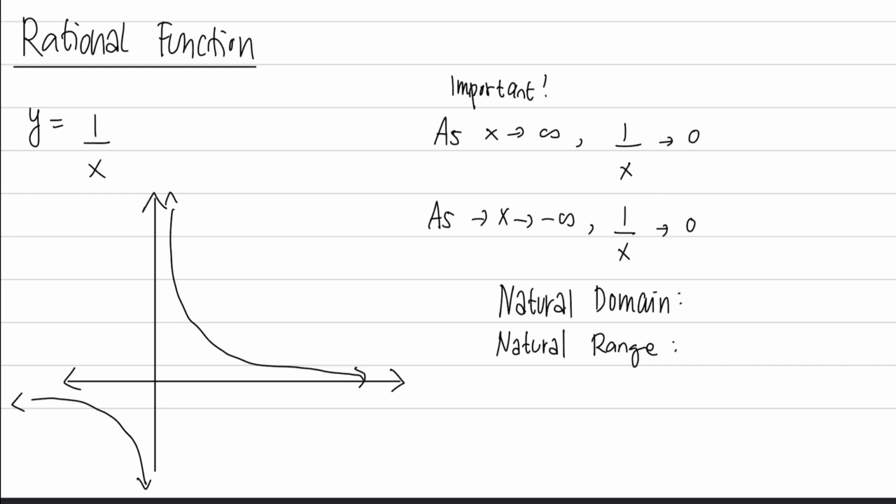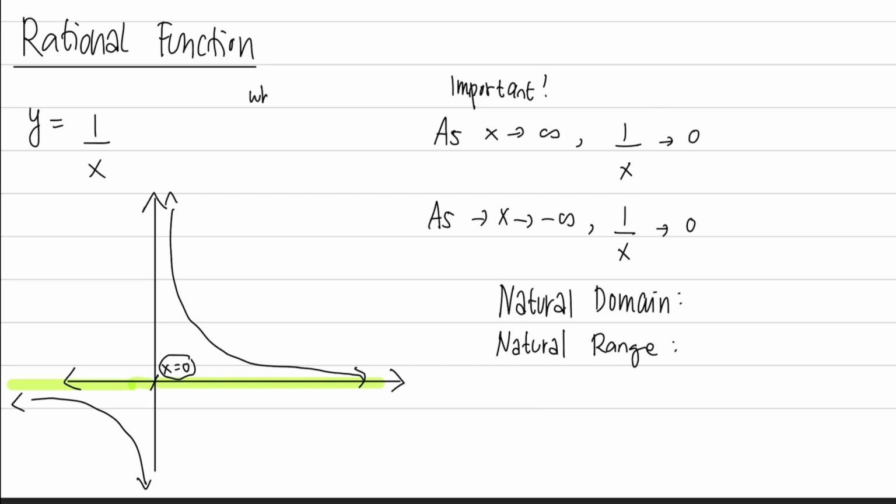Well, it looks like in the graph, the natural domain goes right forever and goes left forever. But there is one specific value that you cannot put in our function, which is x equals 0. Why?